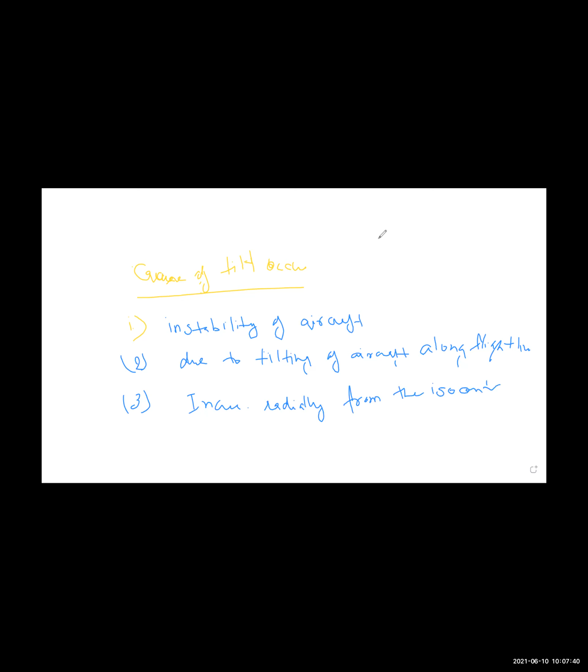Okay, so these are the reasons for a tilted image. And what is isocenter? Isocenter is the bisector of the angle of tilt, at the middle of the photograph.